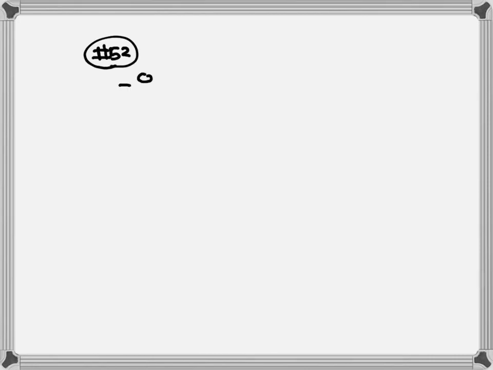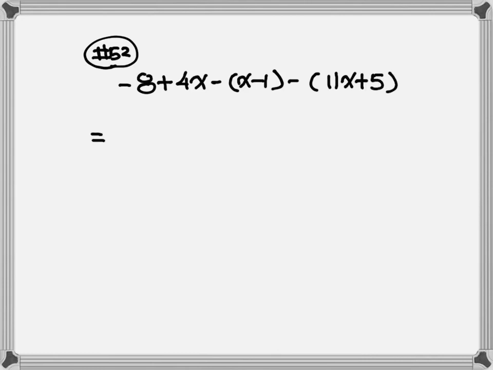Now, let's look at number 52. We have negative 8 plus 4x minus parenthesis of x minus 1 minus parenthesis of 11x plus 5. Okay, so for this, every time you have a number in front of the parenthesis or a negative sign in front of the parenthesis, you must take that number or that negative sign and multiply it into the parentheses.